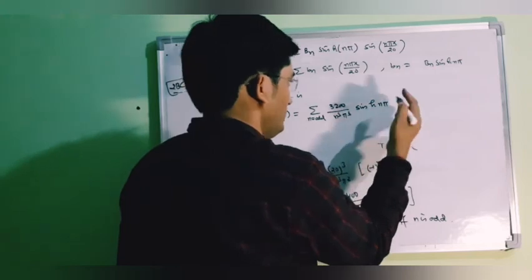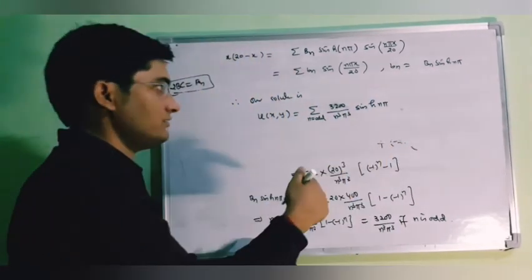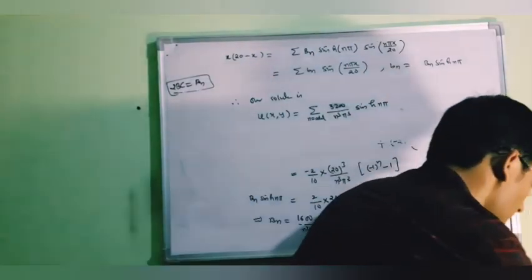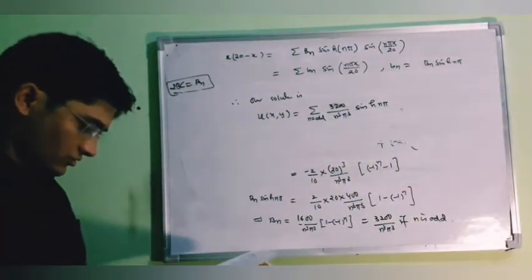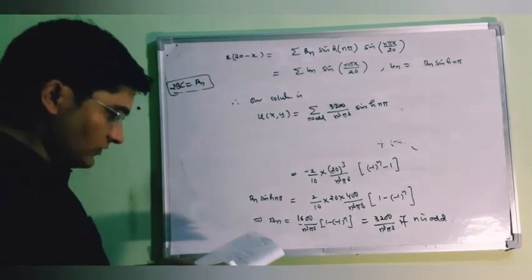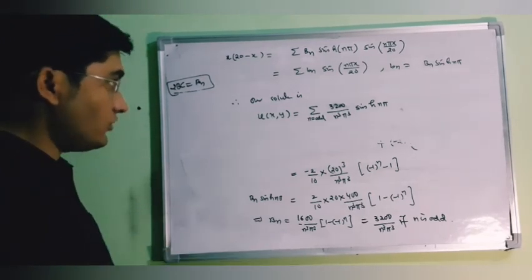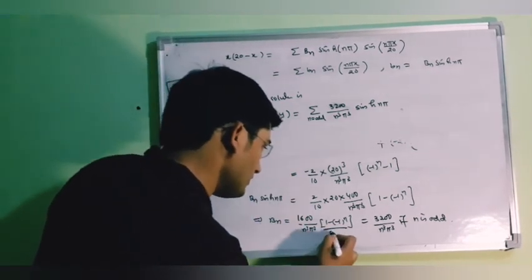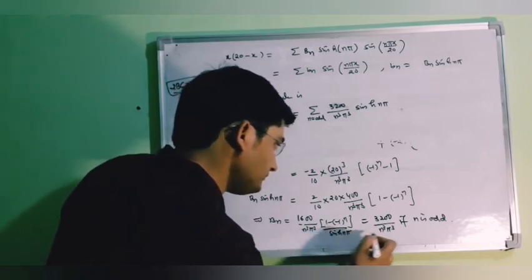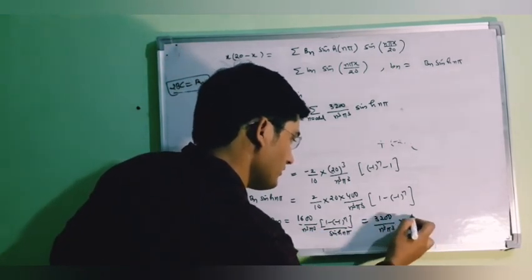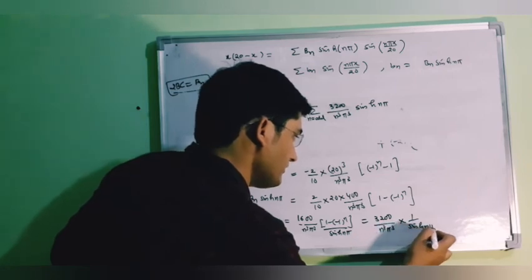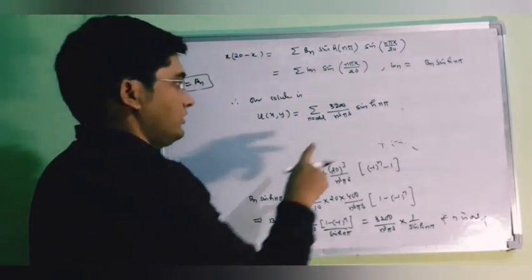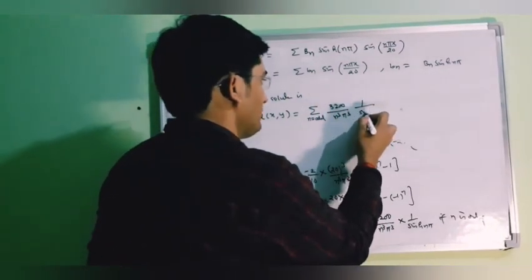Let me check our answer. Then our answer was bn into, the value of bn is sinh n pi. Sinh n pi will come here. So this will be divided by sinh n pi if your n is odd.